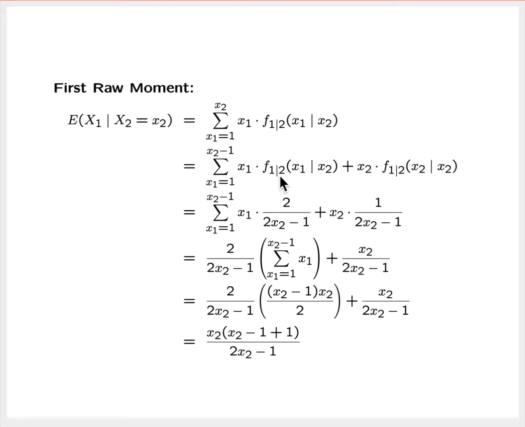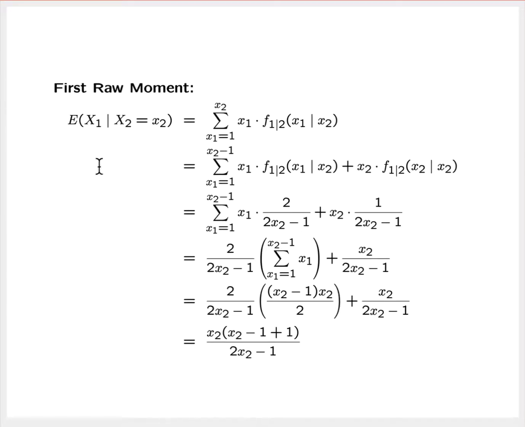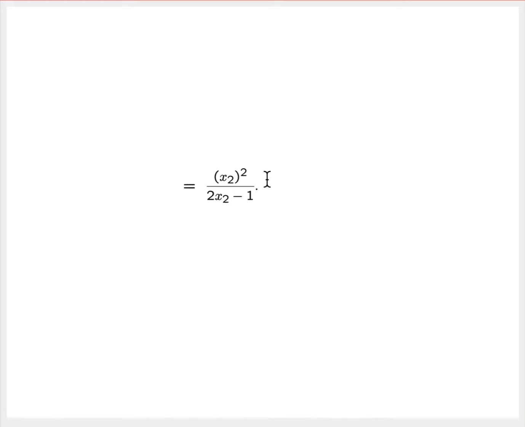Now, once we have that decomposition, we can go through some fairly straightforward computations, some algebra, and some evaluating. For example, this sum here is fairly straightforward. And we end up getting, for the conditional first raw moment, x2 squared over 2 times x2 minus 1.